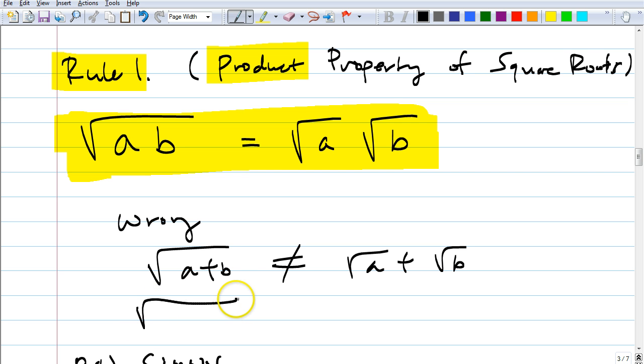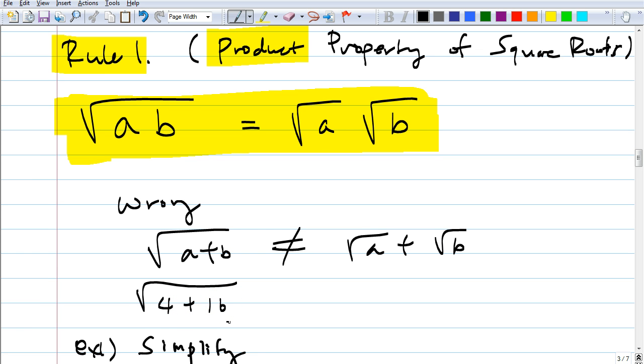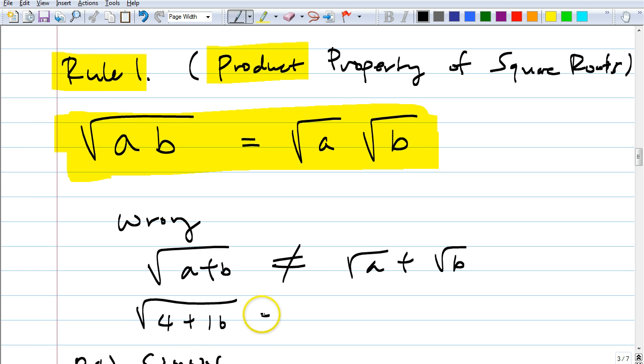How about the square root of 4 plus, I don't know, 25? Guys. No, not 25. The square root of 4 plus 16. Something like this. Does this give you the square root of what? 20.